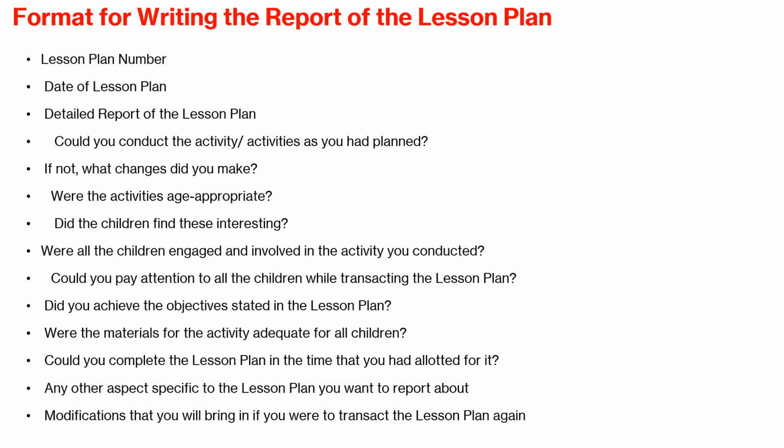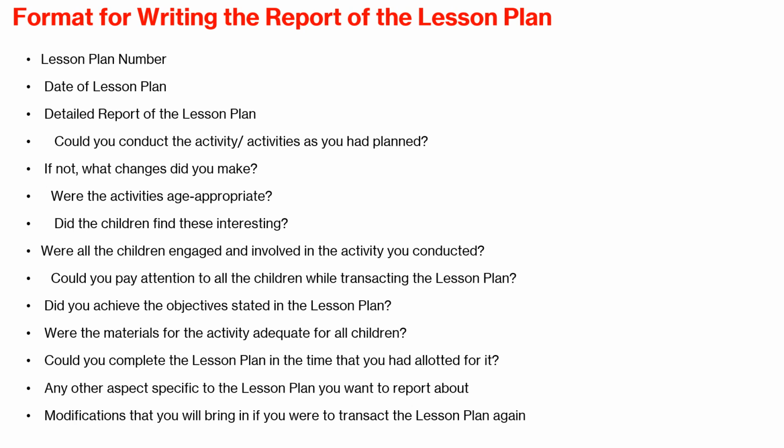You have to start the report with the lesson plan number, meaning which lesson you are writing the report on, and the curricular area also. Then the name of the lesson plan, which means the topic, and a detailed report of the lesson plan. Include: could you conduct the activity or activities as you planned?